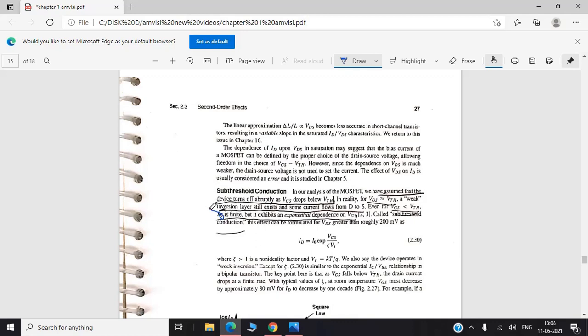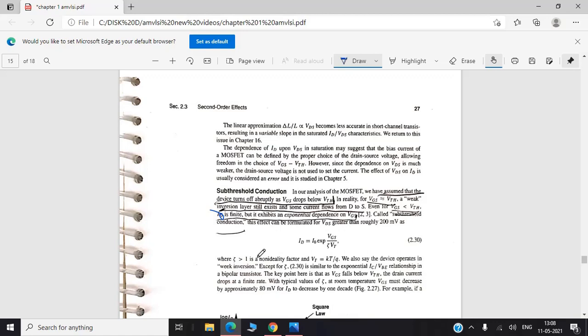This is called the sub-threshold condition. Ideally ID at that point has to be 0, but it will be I naught into exponential of VGS over delta into VT, where VT is KT by Q, and delta is a non-ideality factor greater than 1.